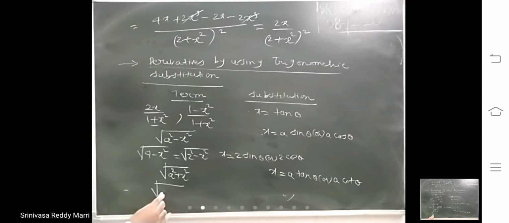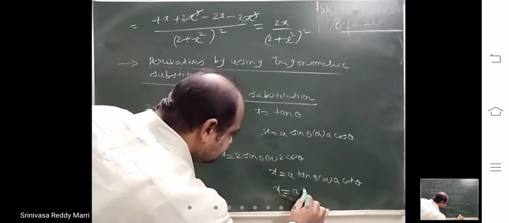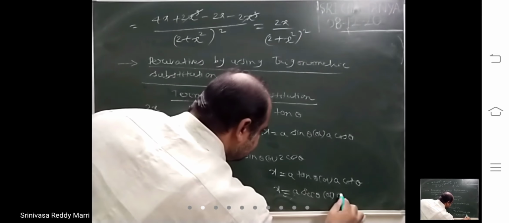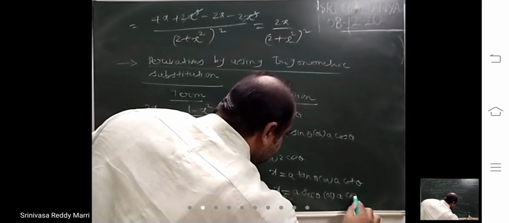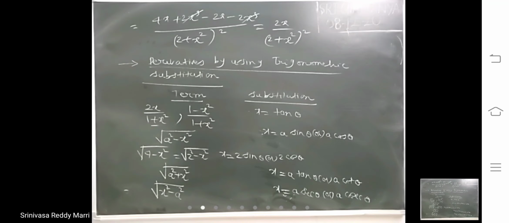Suppose root of x square minus a square. Root of x square minus a square: x equal to a secant theta or a cosecant theta. That is the substitution you have to take.